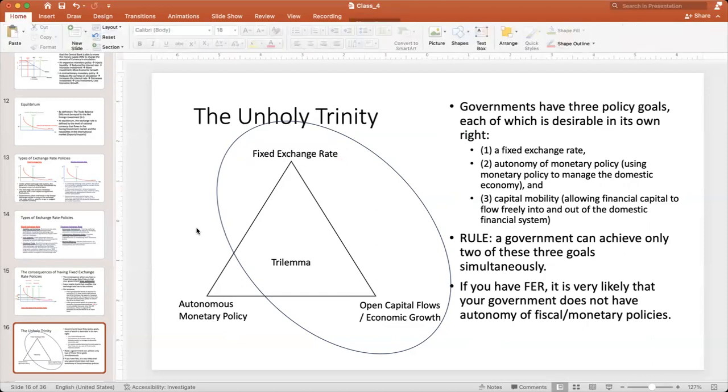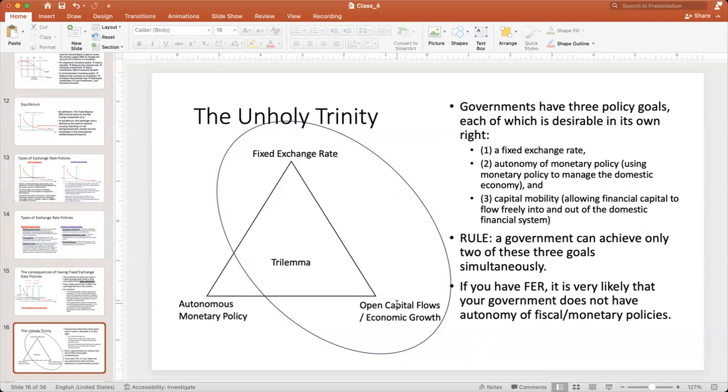So they can open the capital flows to allow investment from abroad. However, if an investor from abroad wants to invest here in the United States, he has to convert his money from foreign currency to dollars.